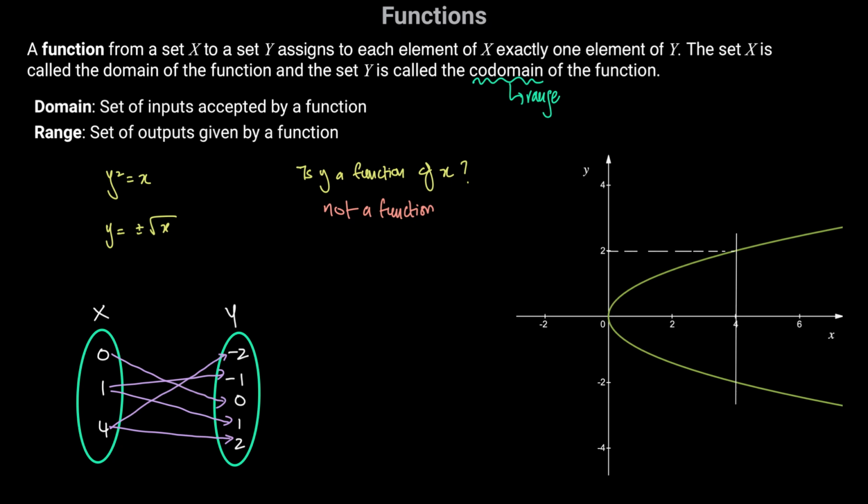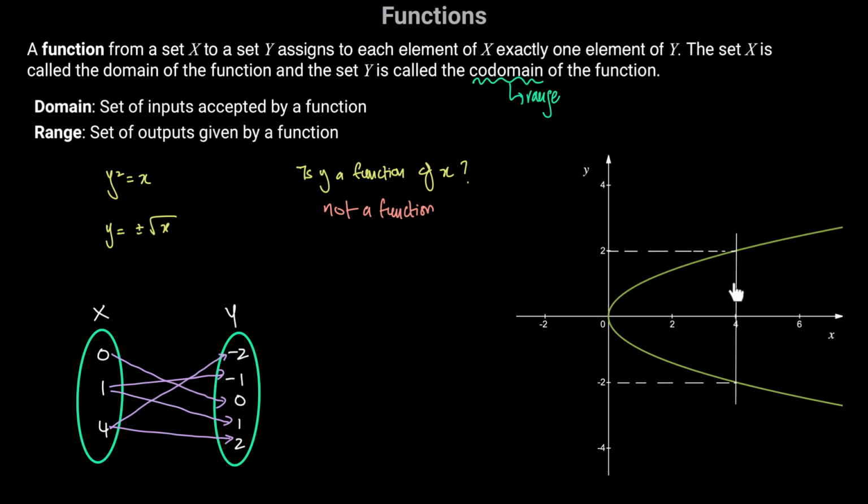The vertical line also intersects this curve at y is equal to -2. So again, this vertical line represents the input, x is equal to 4, and it's intersecting the graph at two different points. That means that for this given input, we're getting more than one output.